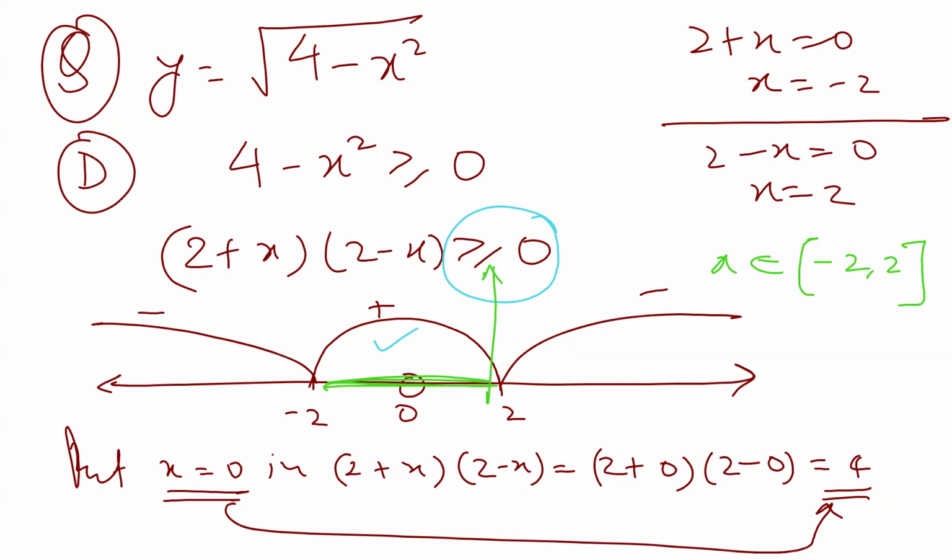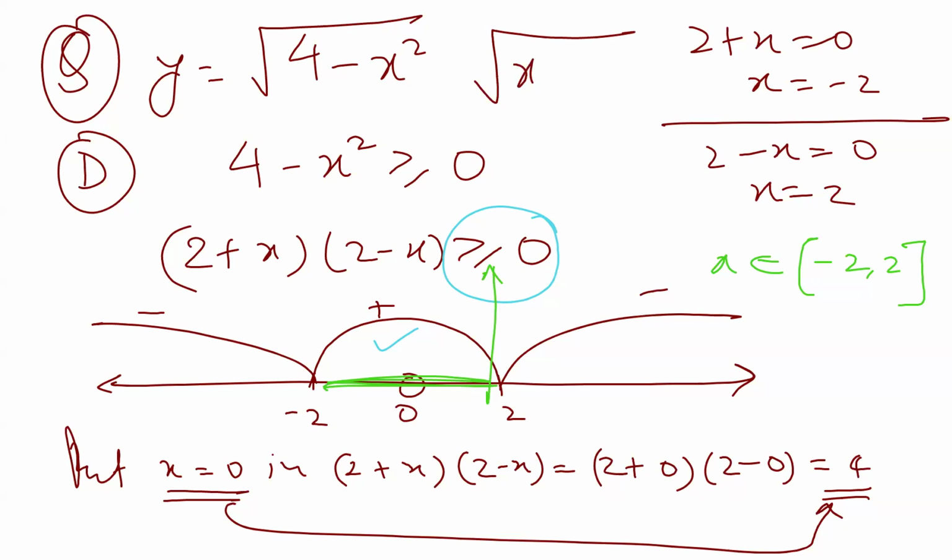Now the previous problem was root of x square minus 4, so there is a difference between 4 minus x square and x square minus 4 problems. Whenever the number is first, the range calculation will be different over here. So you do the range calculation in terms of x in terms of y, not like the previous problem.